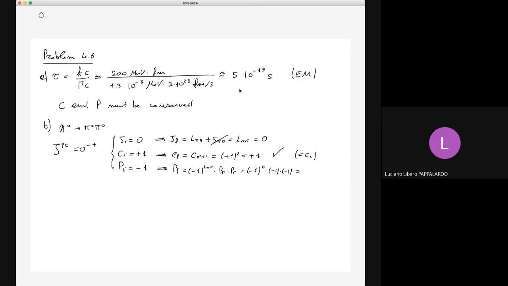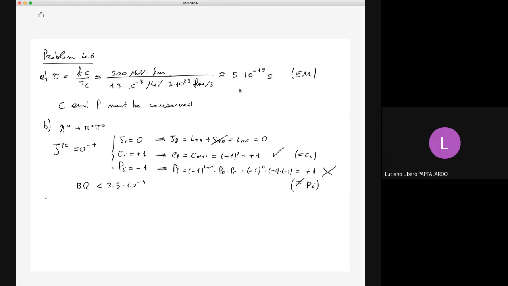So in this case, if you take the value, you get a +1. And this is indeed a problem, because this is different than the initial state parity. And so, as a consequence, parity would not be conserved in this electromagnetic decay, and so, in fact, this decay is forbidden. And the experimental value of the branching ratio for this decay is indeed smaller than 3.5 10 to the minus 4. So this is an experimental upper limit.